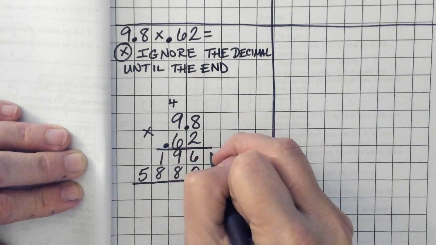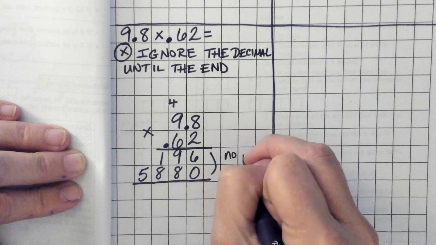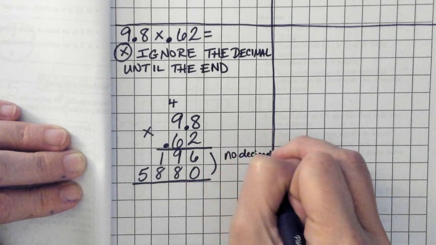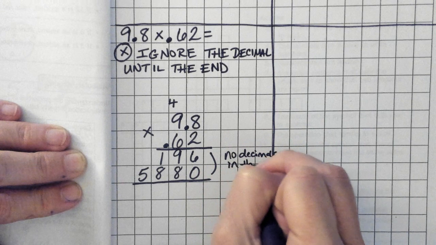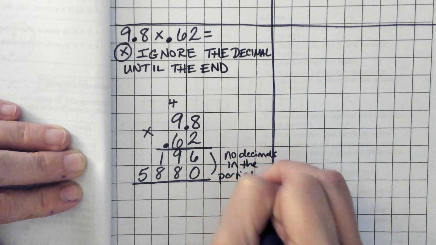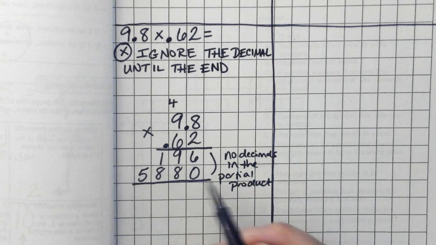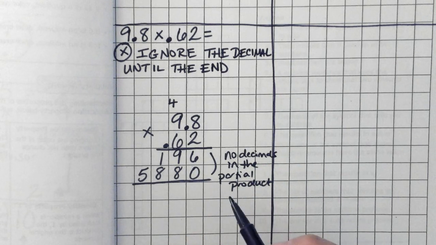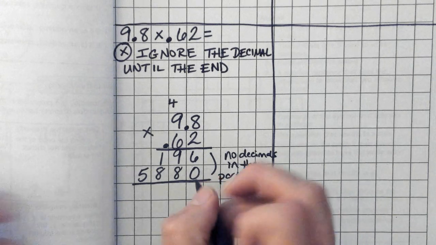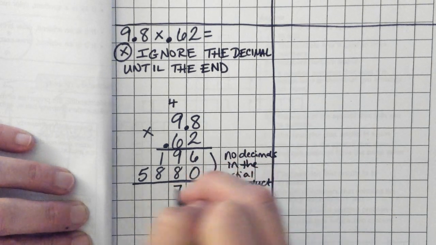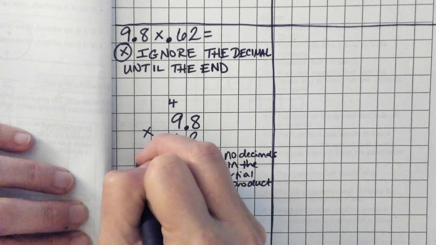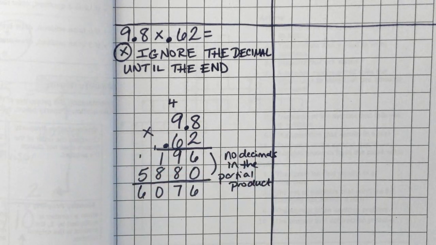Okay? I want you to notice that there are no decimals in the partial product. Okay, remember the two numbers you get when you're in the middle of your multiplication are called the partial product? There's no decimals there because we're ignoring them for now. Okay. All right.